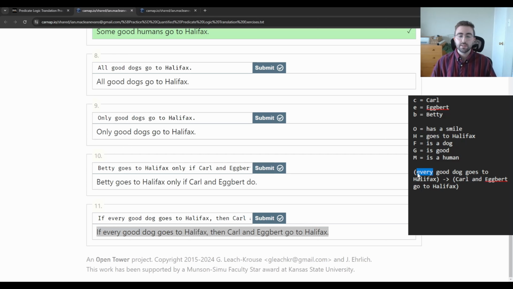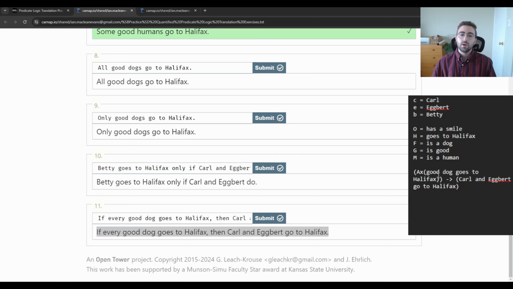Well, every is like all, right? It's a universal quantifier. So we're going to use our all x. So for all x's, and then we know that we're talking about this subphrase. All right. So then, what are we saying here? For all x's, if x is good and a dog and goes to Halifax, then this.